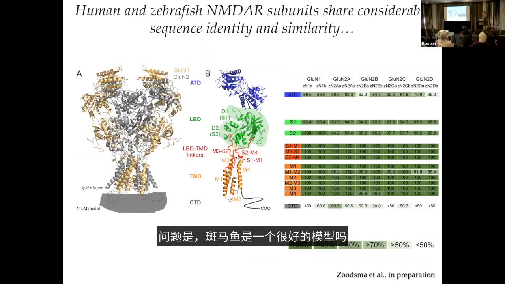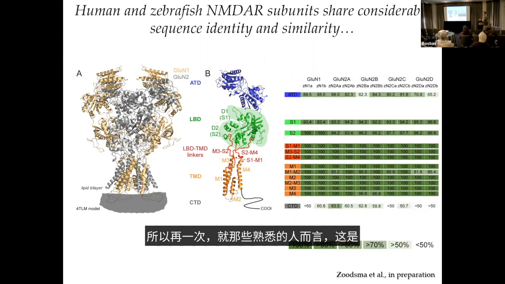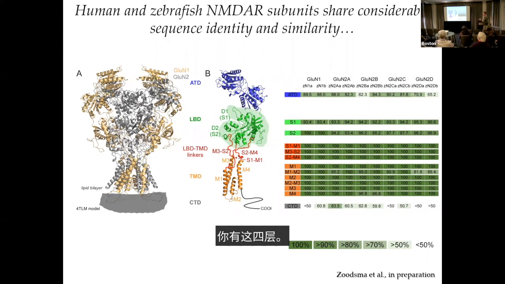The question is, are zebrafish a good model to study human variants? First of all, we've done a sequence alignment. For those familiar with the NMDA receptor structure, you have these 4 layers. This is just one of the subunits extracted out.